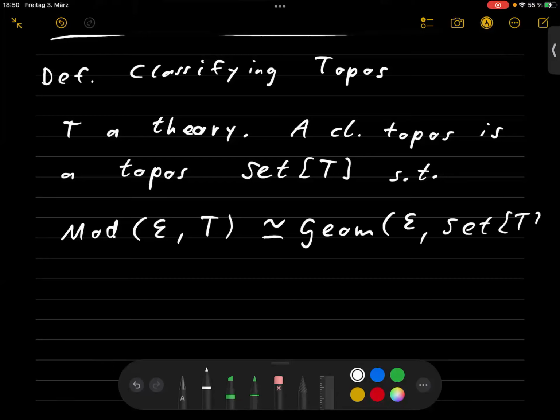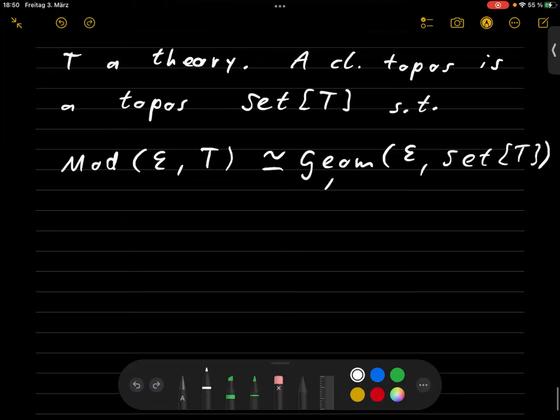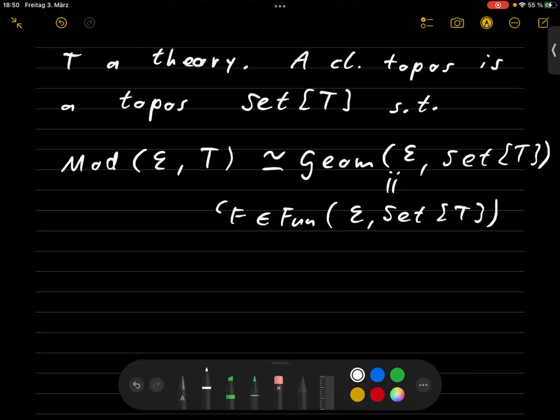Maybe there are words now that I should define, namely, what's a geometric morphism? So these are, by definition, functors F from E to Set[T] that admit an adjoint, a left adjoint.